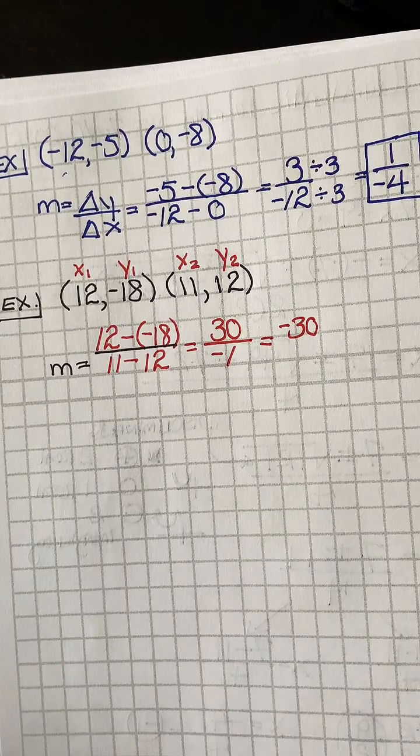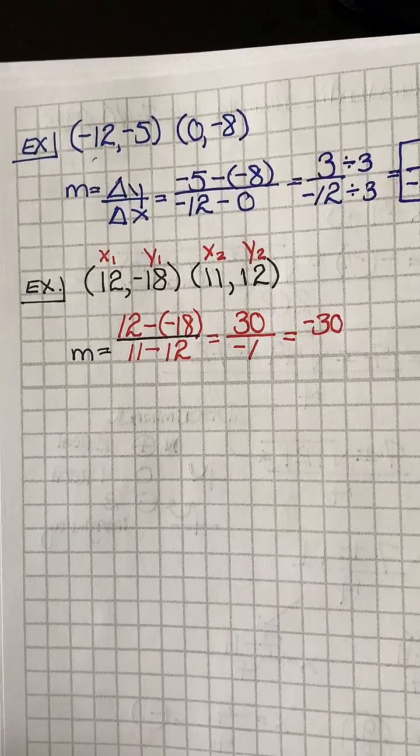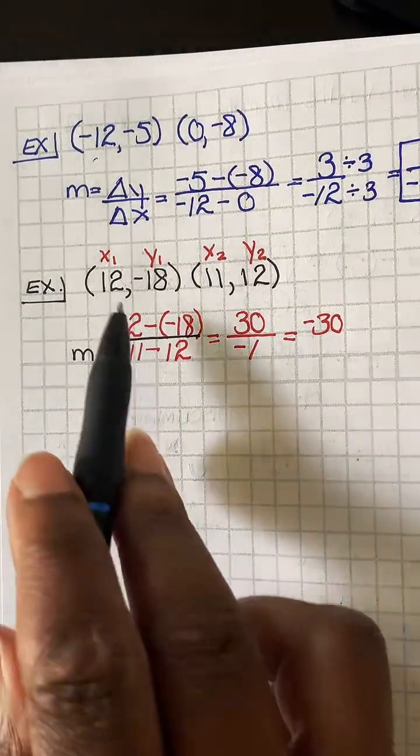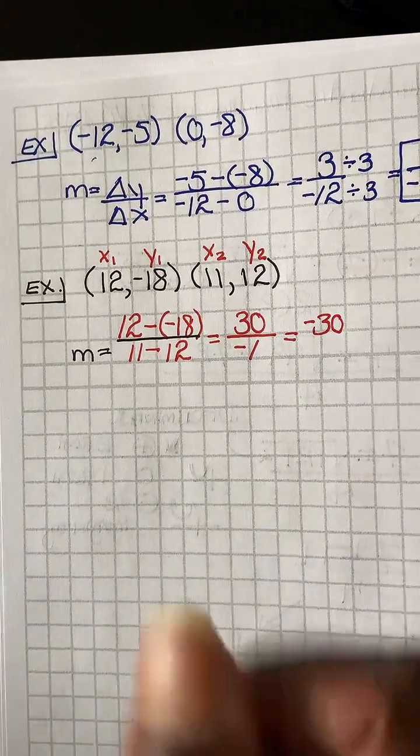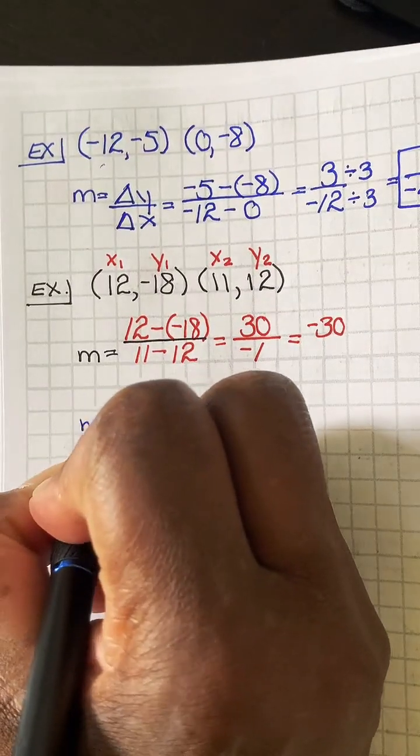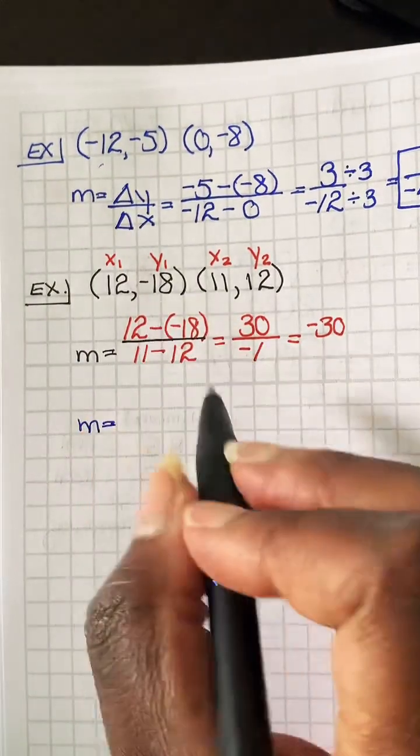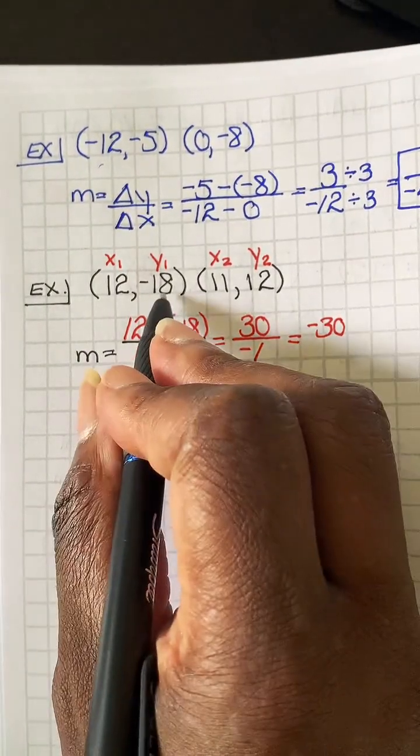Yeah, that's what I'm saying. All right, so that's what it's saying. So when we go from left to right, you'll probably get the same answer. Again, my y's are still in the numerator.